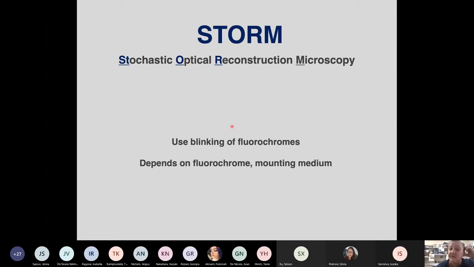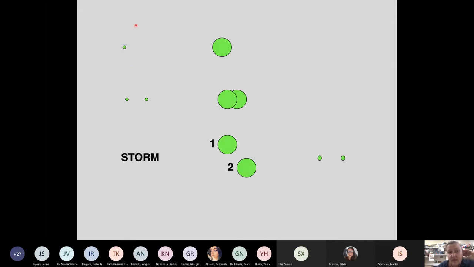the fluorochromes have the ability to blink. They will not always be emitting light, but they will be on and off and on and off. And it depends on the fluorochrome, on the mounting medium, on all kinds of conditions. So when we have here two dots, because of the point spread function, they're overlapping.